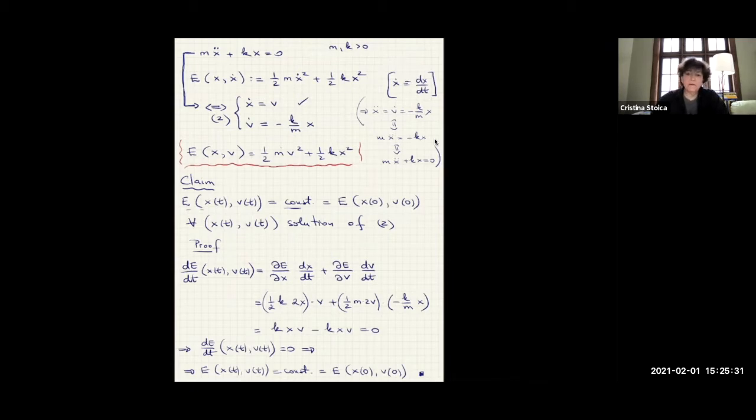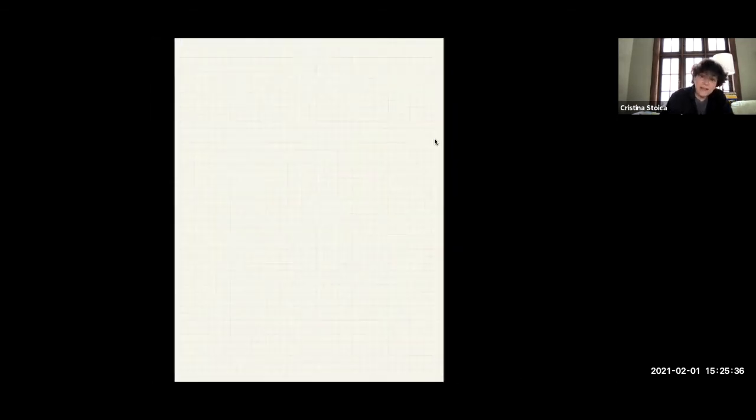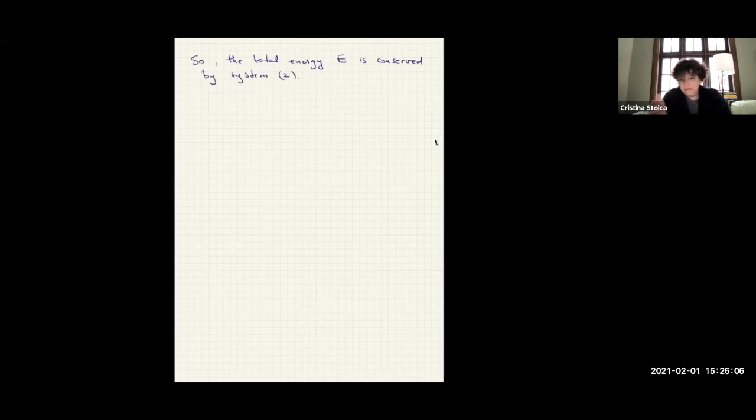What we will say about this is that the total energy E, that's the lingo now, is conserved by system 2, or by the system that is associated with it.